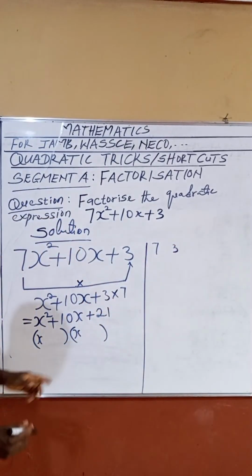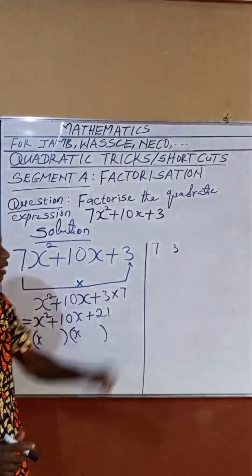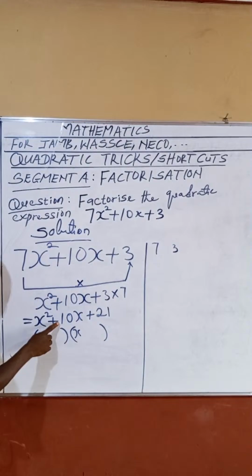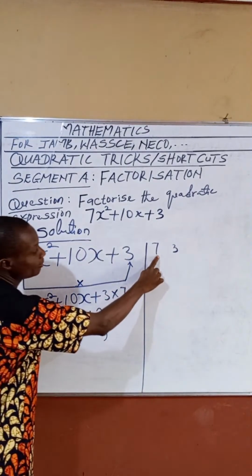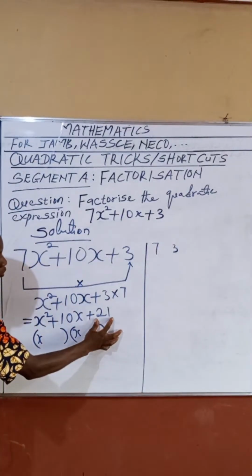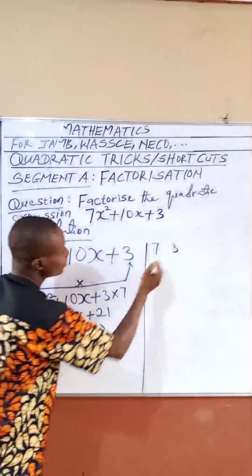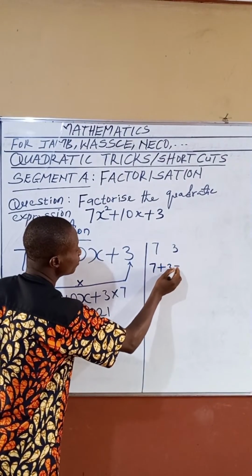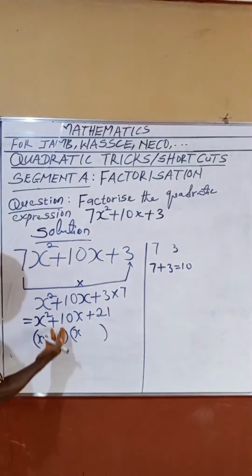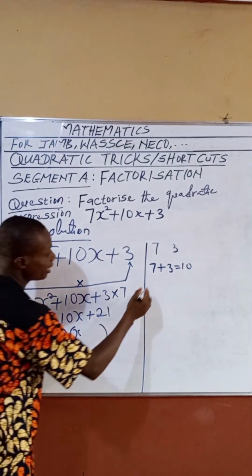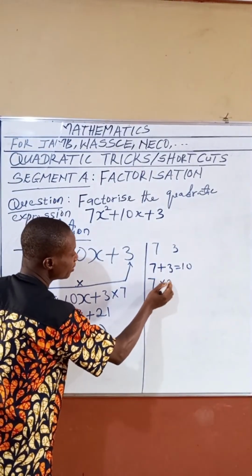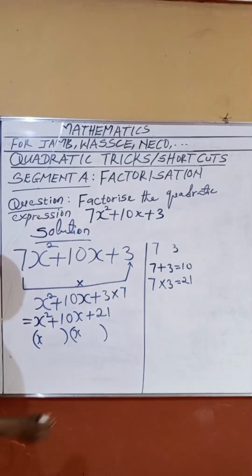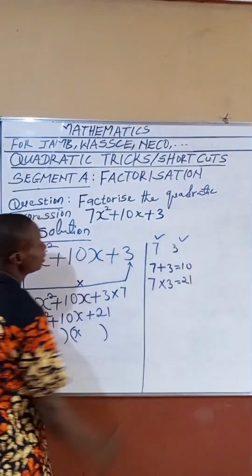Yes, these are prime numbers, so these are likely to be the answer. 7 plus 3 is equal to 10, and 7 times 3 is equal to 21. So we have gotten the answer.